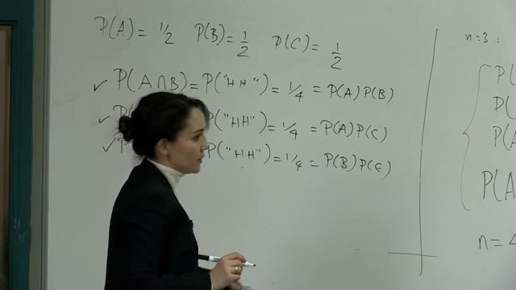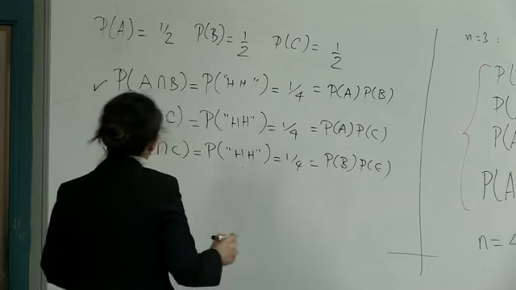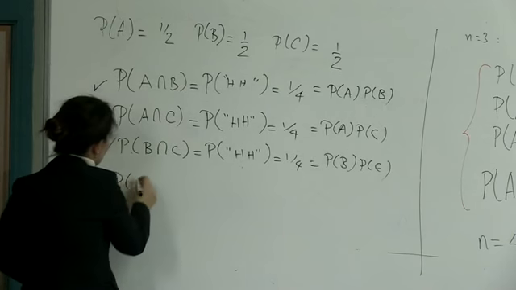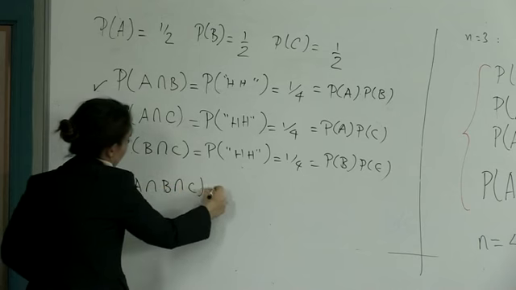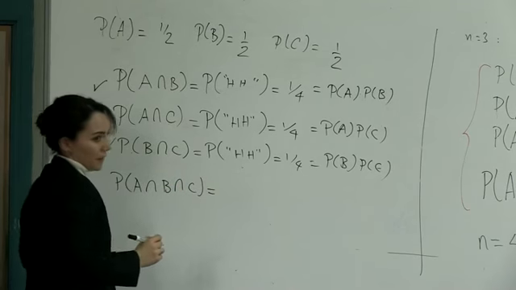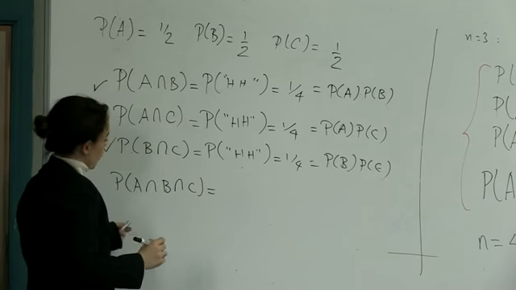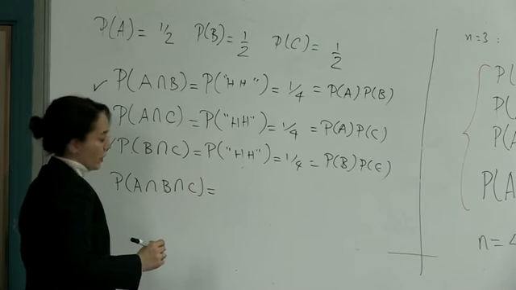Are they independent? We need to check this last condition to see if they are independent. A and B and C. The first toss is heads, the second toss is heads, and the 2 tosses are equal.